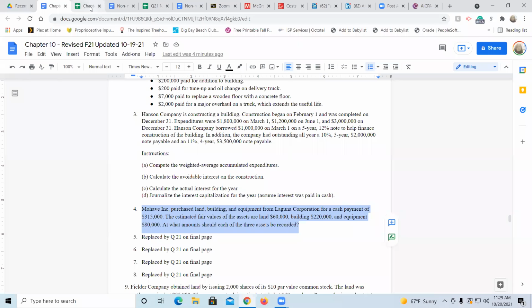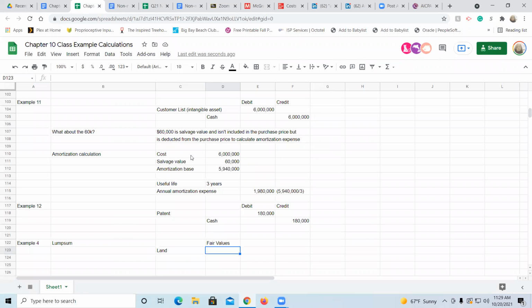Okay, so we go with land is 60,000 for the fair value, right? The building is 220,000, and equipment is 80,000. Make sure I'm putting the right numbers here.